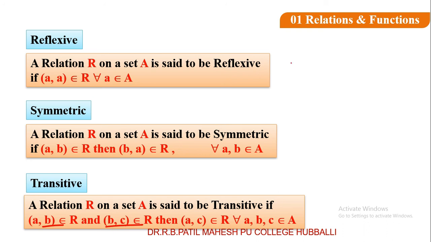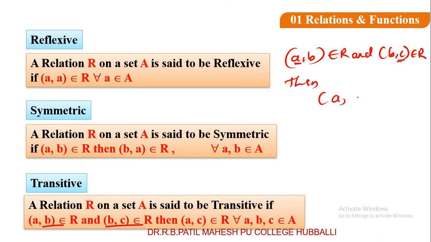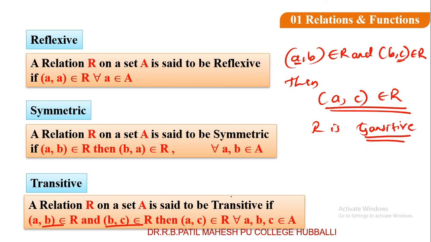Look at the screen. (a, b) belongs to R and also, very important, (b, c) belongs to R. Then if these two are there, then first element to the last element, (a, c), must be in R. Then only the relation is a transitive relation, for every a, b, c belonging to the set A. That is compulsory. Otherwise, the relation is not transitive.